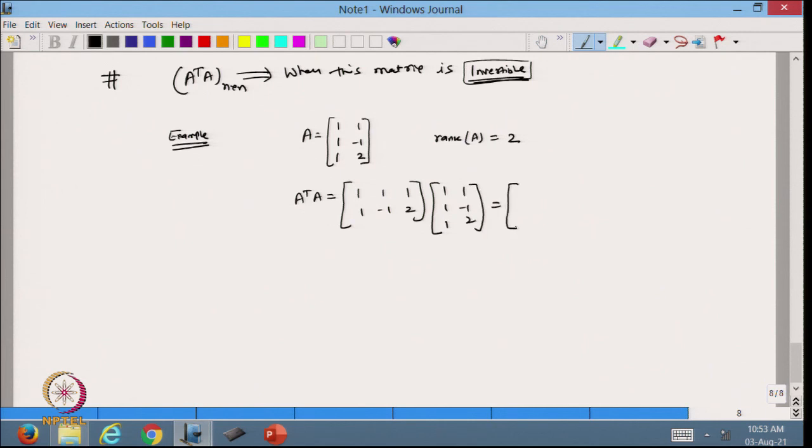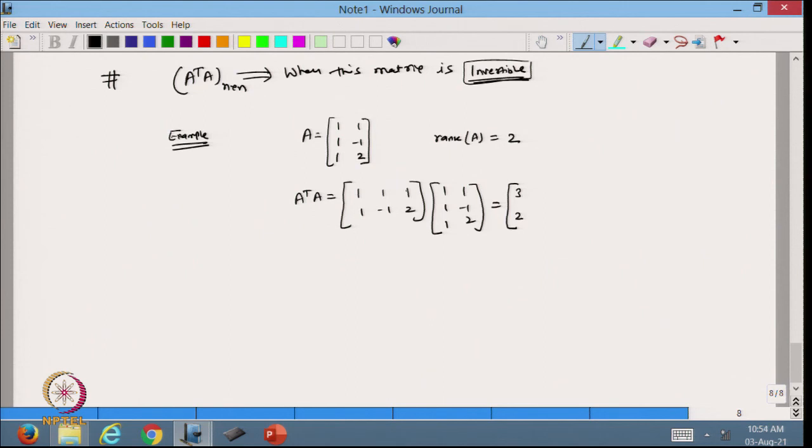Now, from here we know that A transpose A is just taking the dot product of the rows with all the rows. So, first with first, it is 3. Now, I am taking this with the second row, 1 minus 1 2, so it will be 2.